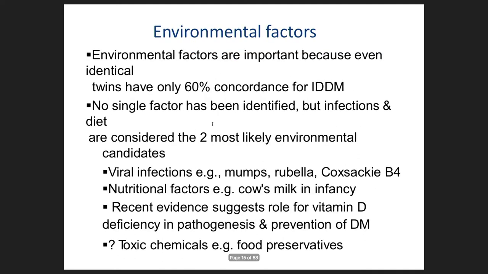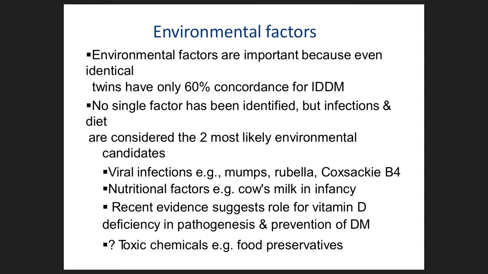What are the environmental triggering factors for type 1 diabetes? They found that viral infection is one of the important environmental triggering factors, mainly if somebody developed mumps, rubella, Coxsackie B4, or any viral infection.